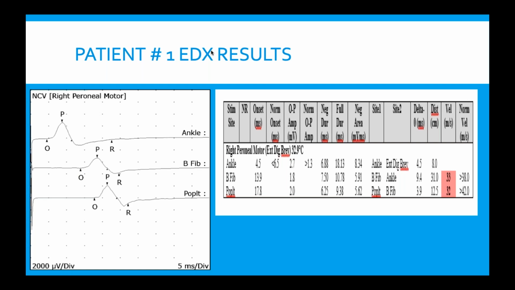We saw that there was significant slowing in both the lower leg segment and a little bit worse in the upper leg, the proximal leg segment. And this was a symptomatic side. So that makes me take a second step and wonder, what could be the possible cause of this?